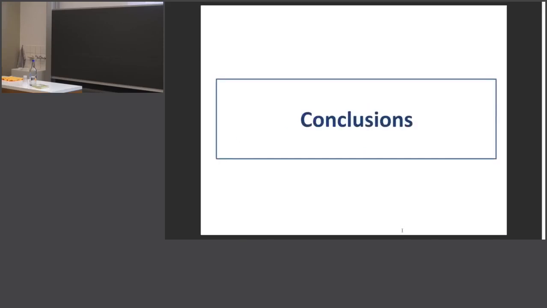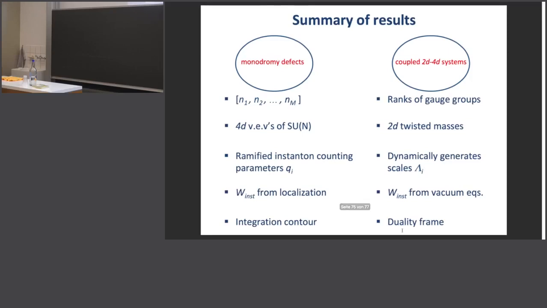So I can come to my conclusions. I described the surface operators essentially in two different ways. As monodromy defects, in this description the basic information is in this set of numbers which tell me how the original SU(N) group is broken into various U factors.